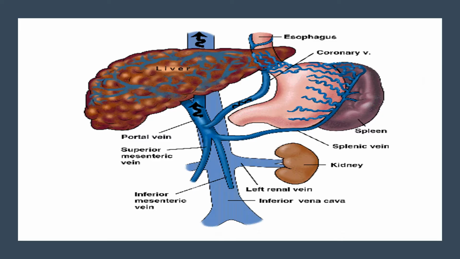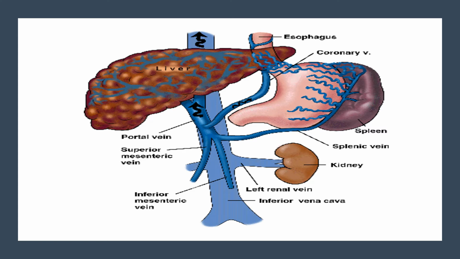And this next slide gives you just another indication of what's happening when the pressure in the portal vein increases. There was a term, the caput medusa, and that is distended and enlarged superficial epigastric veins.